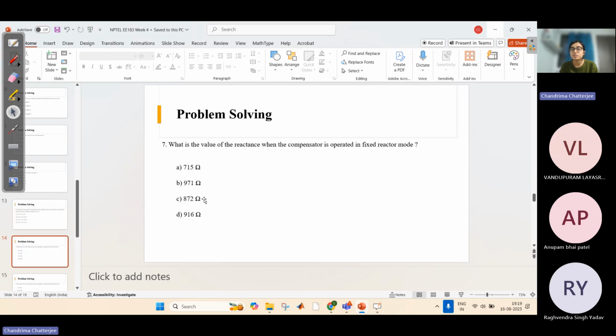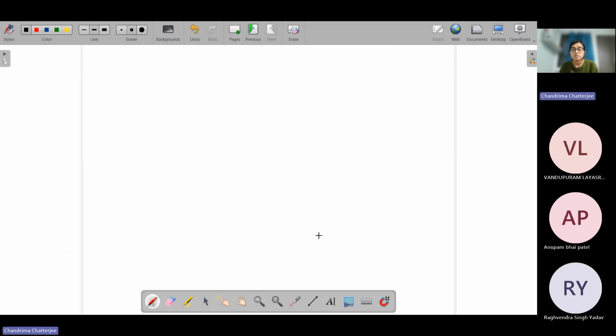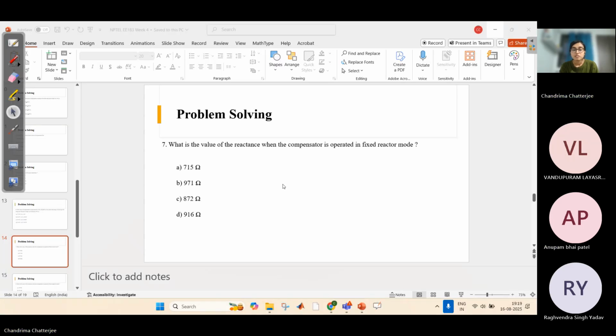So right now, if you are not cautious, you will end up getting the wrong answer. Here 872 is also there. If you make a slight mistake, that answer will also be there, and you will take the wrong answer.